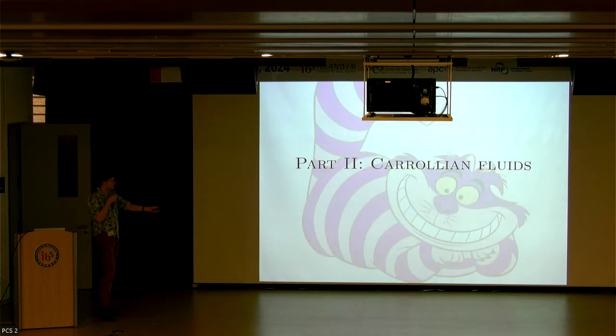Right. So the second part of the talk is about Carrollian fluids. Carroll refers to Lewis Carroll, and some people think it's maybe Sean Carroll, but it's in fact Lewis Carroll. And of course, we already met the Cheshire Cat, so here he is again.